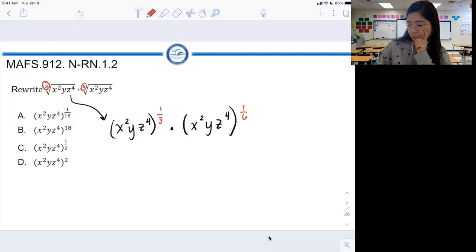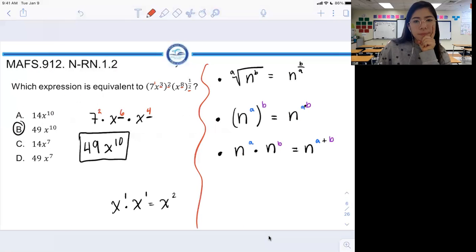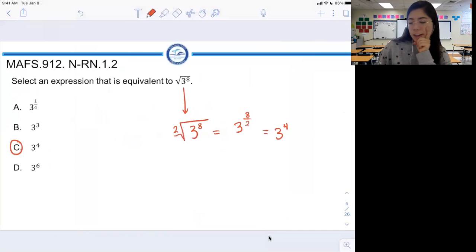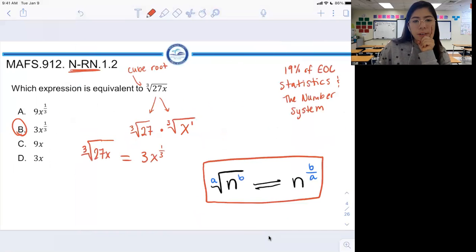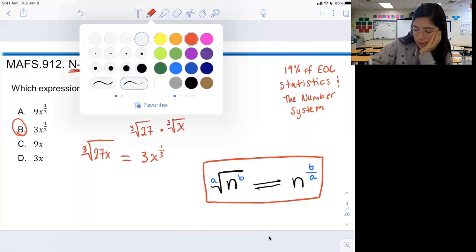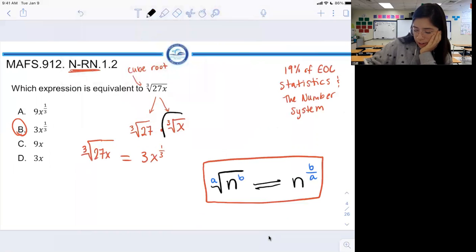I already tried to explain it to her, but I don't think it's going to come out good. How did I turn this? Hold on. Let me rewrite it the way I had it before. How did the cube root of x, this right here, turn into this right there?